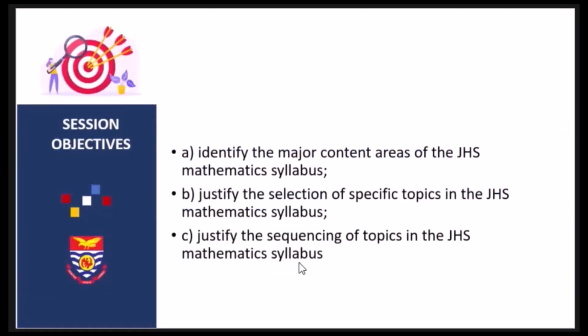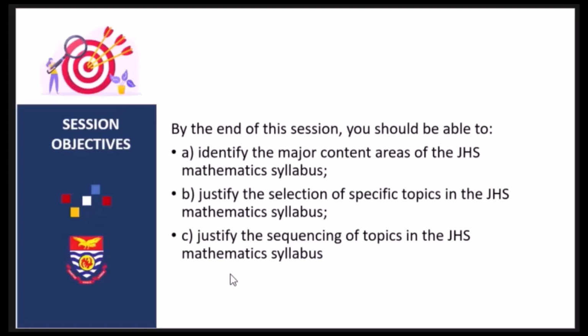By the end of this session, you should be able to achieve three things. 1. Identify the major content areas of the JHS mathematics syllabus. 2. Justify the selection of specific topics in the JHS mathematics syllabus. And finally, justify the sequencing of topics in the JHS mathematics syllabus.